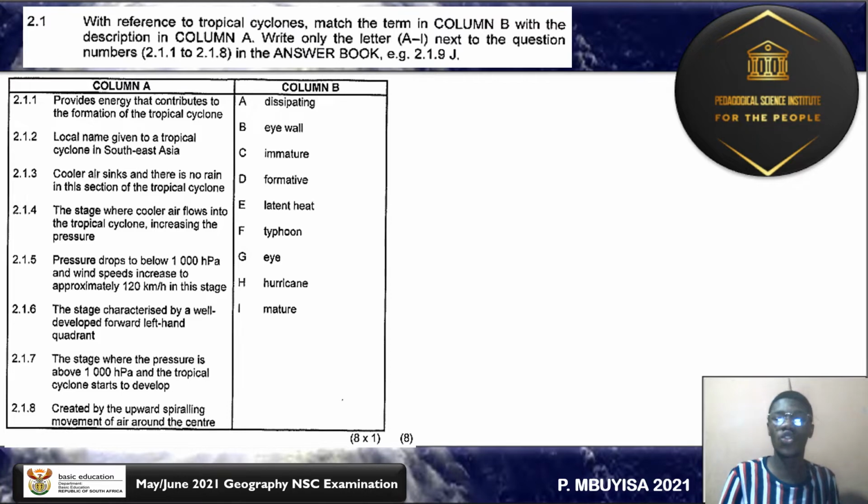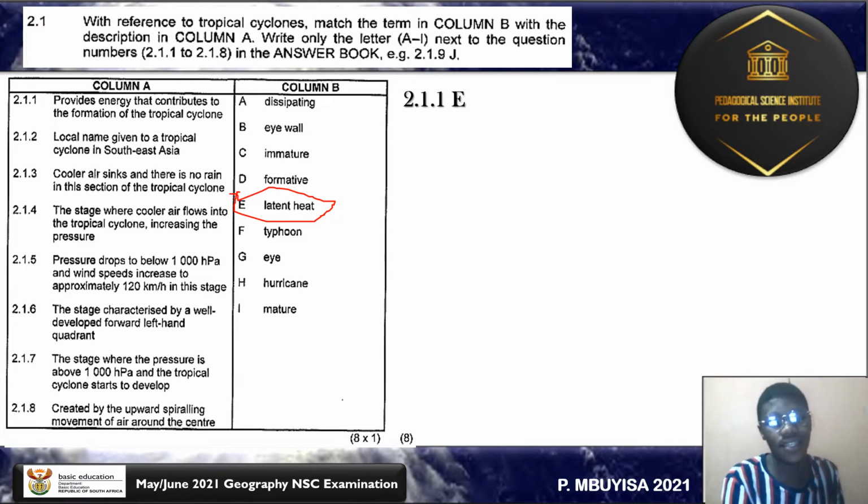And in climatology, we talk about heat energy as one of the most important energies. So what provides the system with energy will be your latent heat. So the answer is E, 2.1.1.